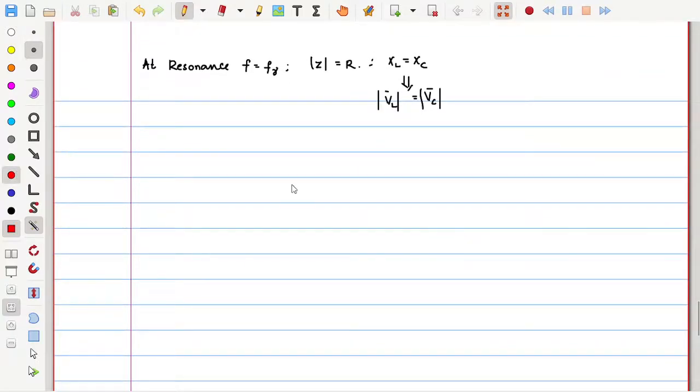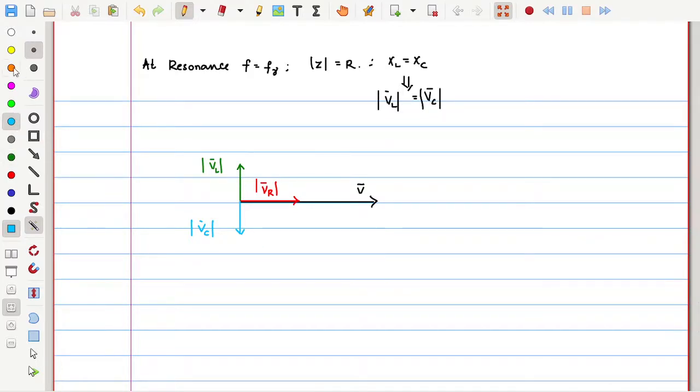Then if we draw the phasor diagram, this is the total voltage V. And if I take VR, this is the resistor voltage. This is the inductor voltage, and the capacitor voltage is downwards but equal in length, VC. Now if we add up these equal voltages, how much will we get? 0.